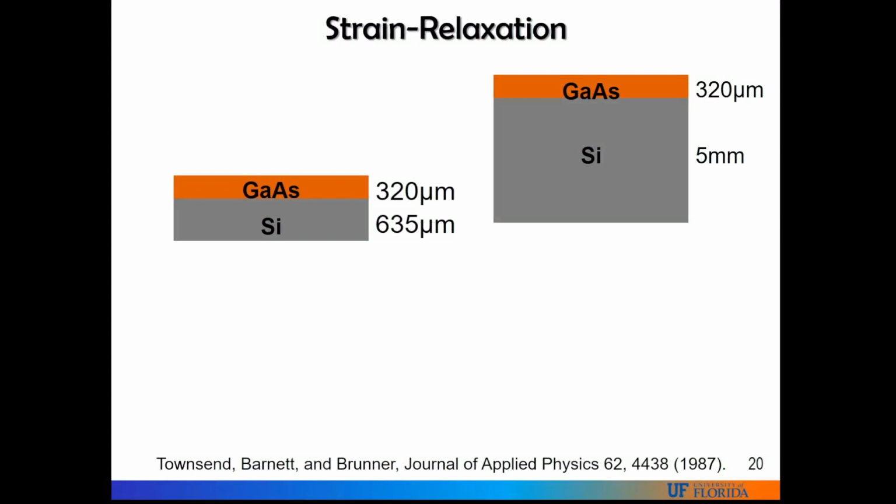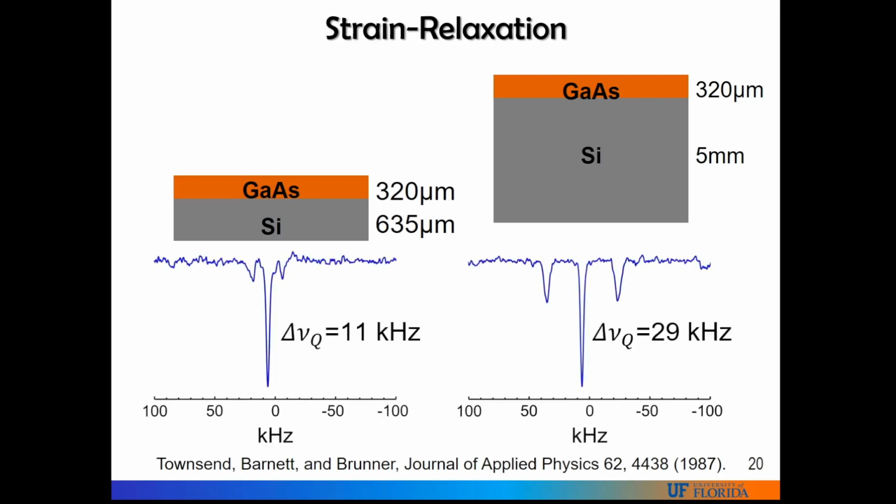Now, we did an experiment with bulk gallium arsenide where we mounted a 320 micron film onto silicon with epoxy, and we used two different silicon support widths, a really thick support and a 635 micron support. We recorded their OP-NMR spectra at low field, and they have different quadrupole splittings.